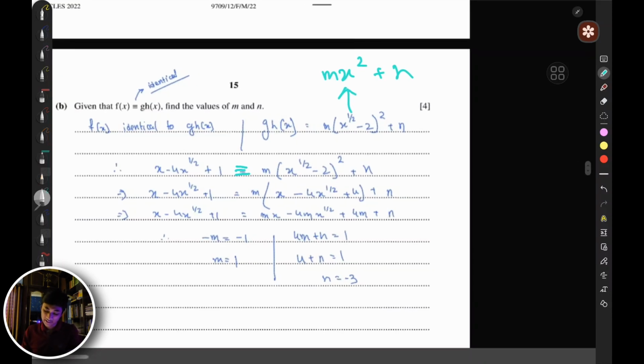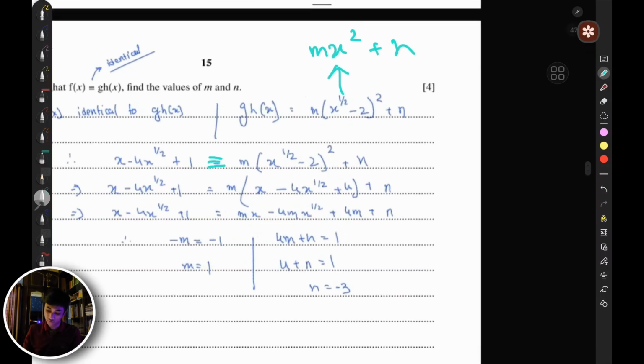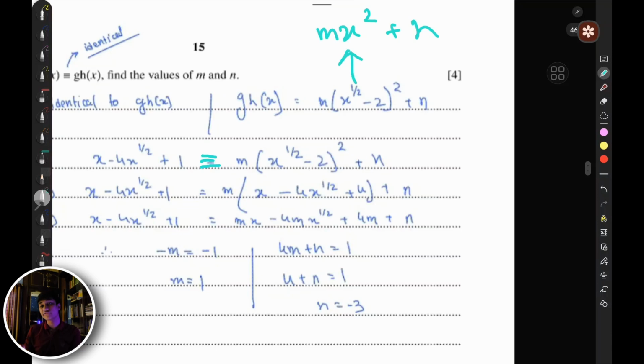You basically square this expression and open the bracket. So how do you square the expression? X to the power half squared is going to be x. Then 2ab, which is 2 times x to the power half times 2, which is 4x to the power half, plus 4, which is 2 squared. So this is your expression after squaring x to the power half minus 2.